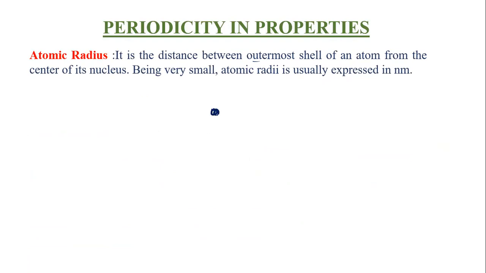Now suppose this is your nucleus, the first shell, the second shell, and this is the third shell. There are 2 electrons in the first shell, then 8 electrons, and suppose 2 electrons in the outer shell. The distance from the center to the outermost shell is known as the atomic radius.